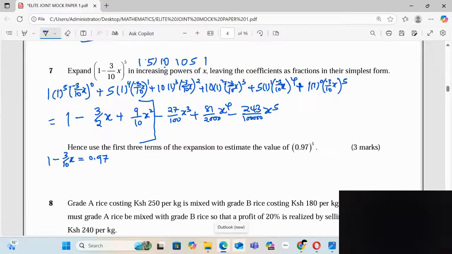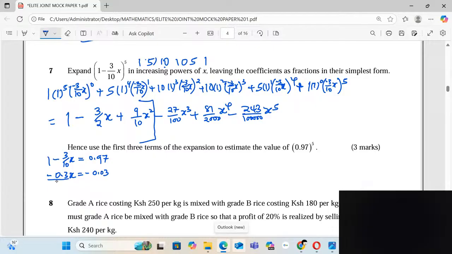So to find the value of x, 1 moves to the other side. It will be now 0.97 minus 1. Then this one is negative also. So that we shall have 0.3x will be equal to negative 0.03.